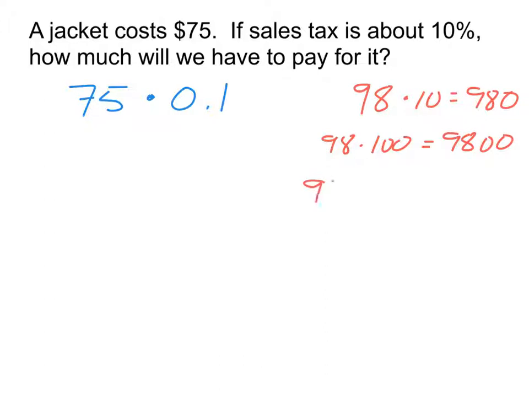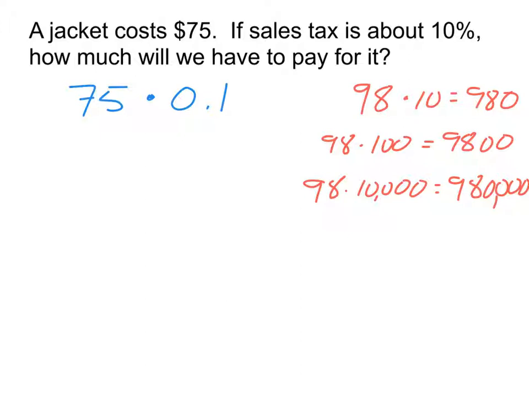You notice the pattern here? So like 98 times, let's go times 10,000 this time. That'd be 98 with how many zeros after it? 4. Because there's 4 zeros here. And so we have to add 4 zeros there.